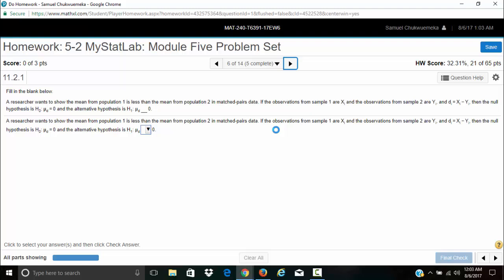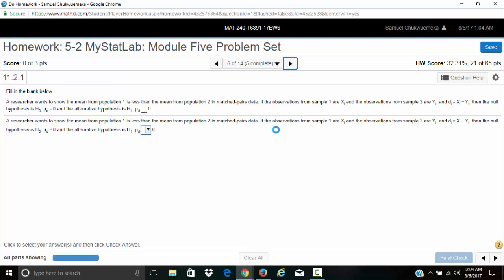If the observations from sample 1 are X subscript i and the observations from sample 2 are Y subscript i, and D subscript i is equal to X subscript i minus Y subscript i, then the null hypothesis H naught is about the mean of the difference.